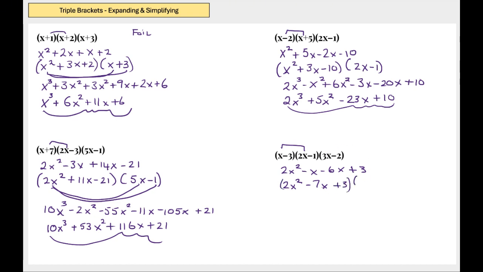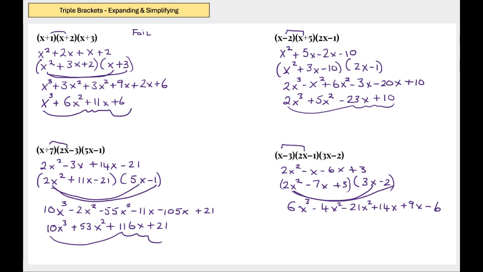Bring over the bracket down and start the process again. And so on. So what we're left with is 6x cubed minus 4x squared minus 21x squared plus 14x plus 9x minus 6. See, this time there isn't a negative and a negative.